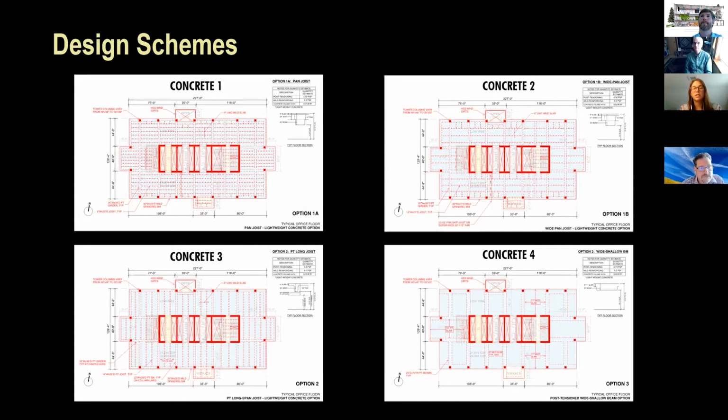For this, we were originally looking at it from a material standpoint. I know you can't really read this, but up in the upper right-hand corner of each of these schemes is a little takeoff: how much PT is in here, how much mild reinforcing, what's the concrete volume. So we looked at those, trying to find the system with the most material efficiency, or in other words, the least material, right?